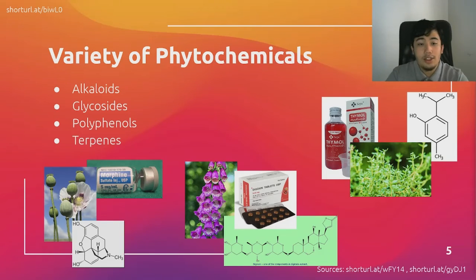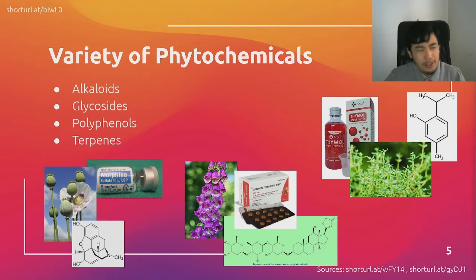Now I would like to talk about the different varieties of phytochemicals, which are the active ingredients of plant-based drugs and give the characteristics of treatment. Let's start with alkaloids. Alkaloids are found in a wide variety of plants and contain nitrogen-bearing molecules that make them very active.